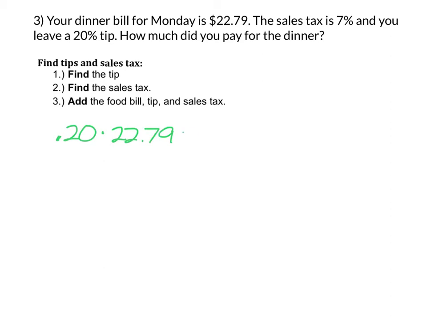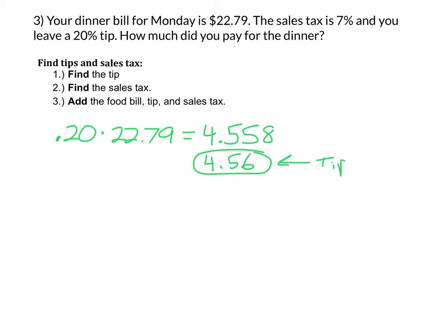When we make that calculation, we get $4, and we got a little bit of a long decimal here, 4.558. Now remember, we always want to round to the hundredth place, the nearest cent. So this 8 is telling me to round this 5 up to a 6. So we are going to write $4.56 is going to be the tip. Okay, that's how much we're leaving for the server.